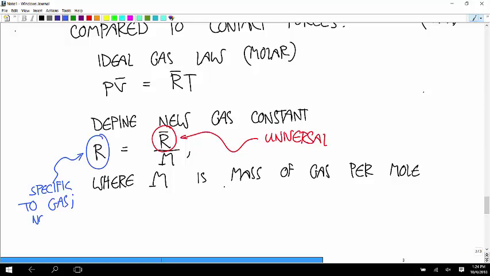That's not universal. It's not universal because if you take a mole of carbon dioxide molecules and compare it to a mole of oxygen molecules, the M is different. And so that R is going to be different.